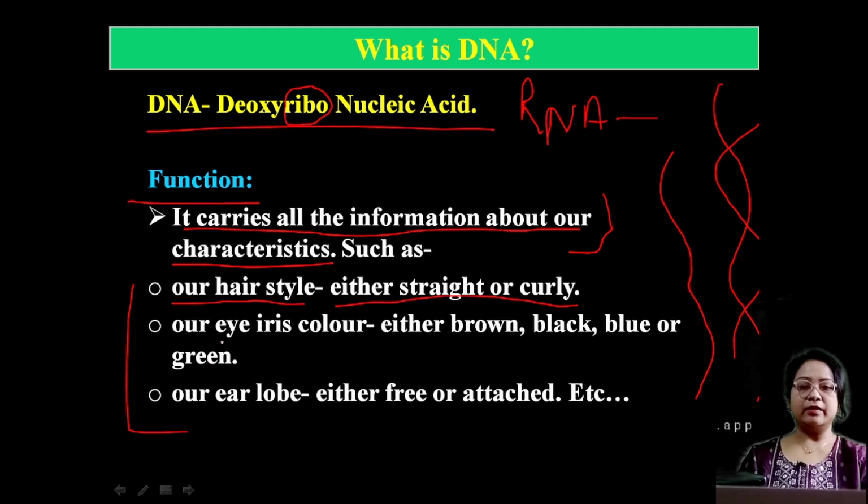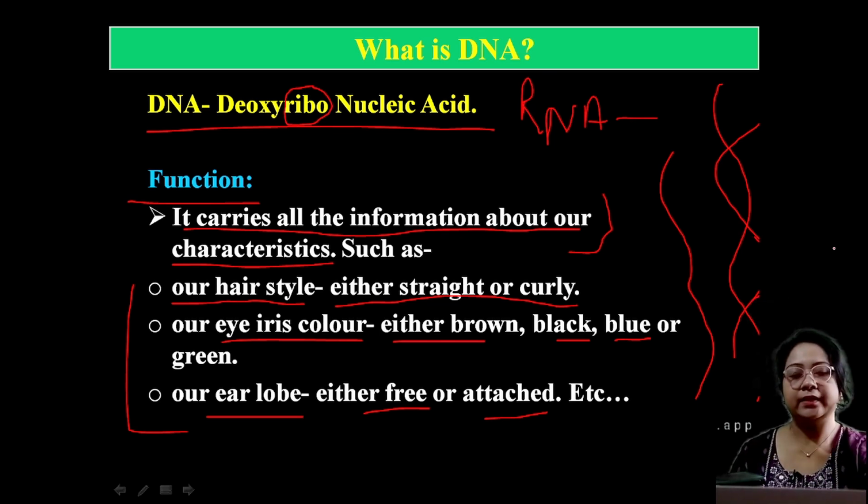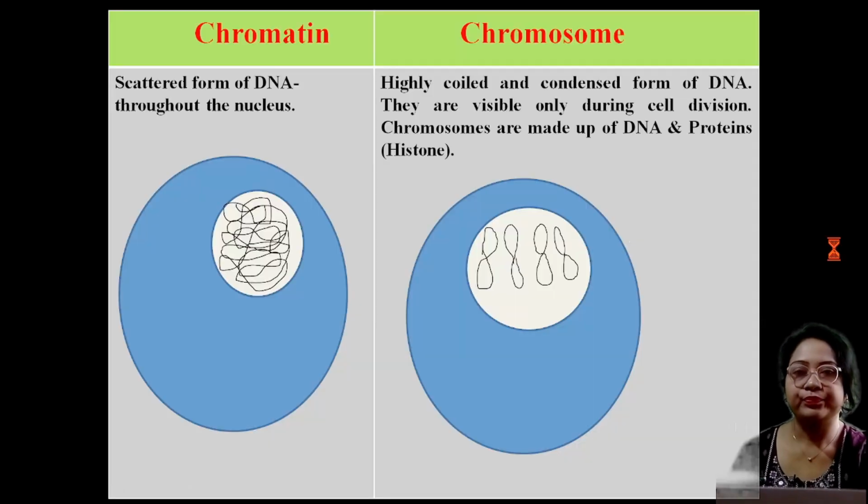The color of your iris, either brown, black, blue or green, also depends on the information that is carried by the DNA. And your earlobe, either free or attached, also. And many more characteristics will be carried to you from your parents. Okay, I think that is very clear to you. Then let's move to the next one.